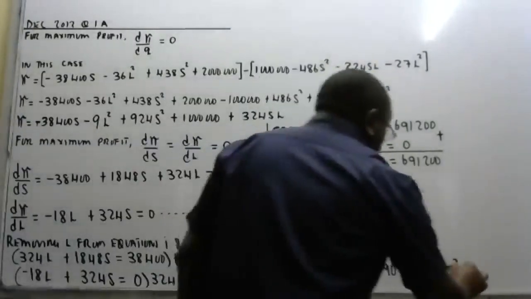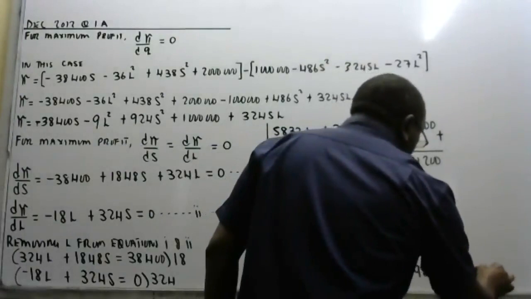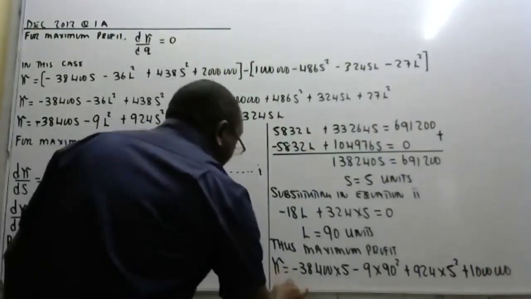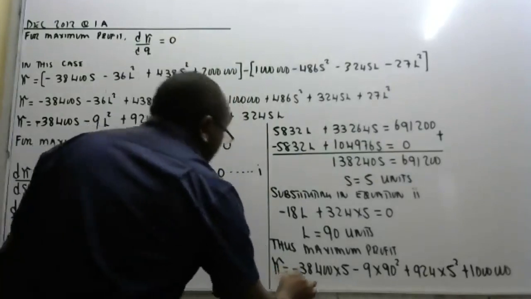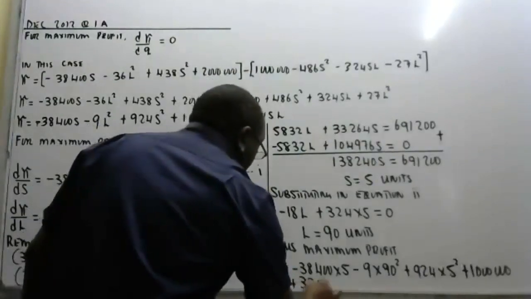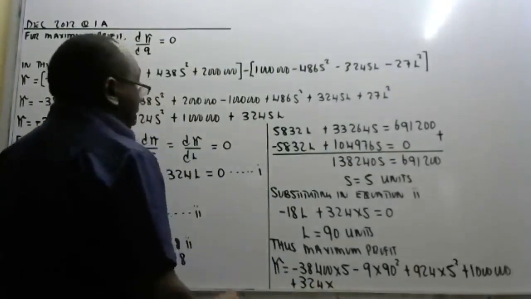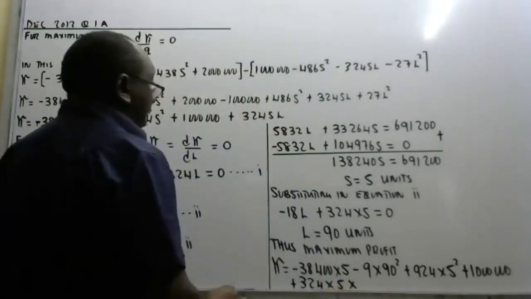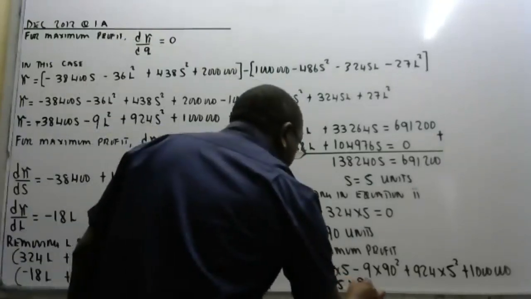plus 1 million, plus 324 times S, which is 5, times L, which is 90.